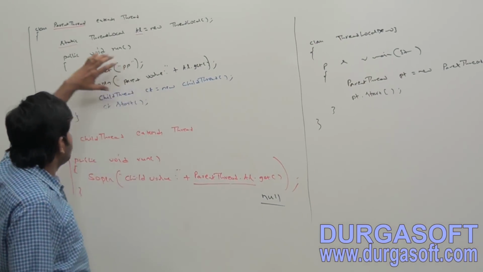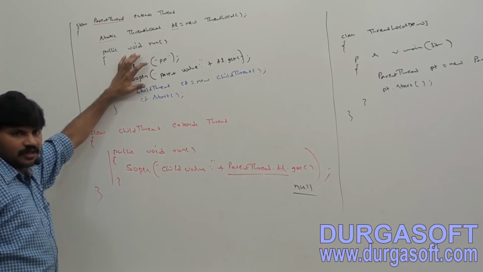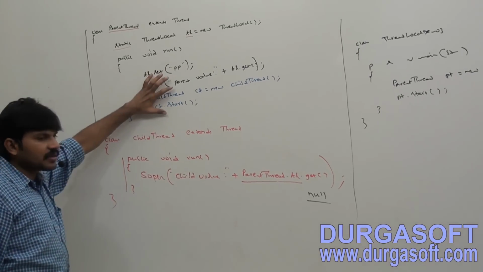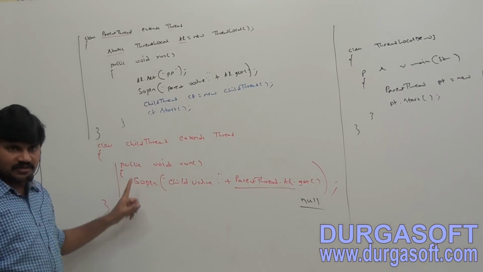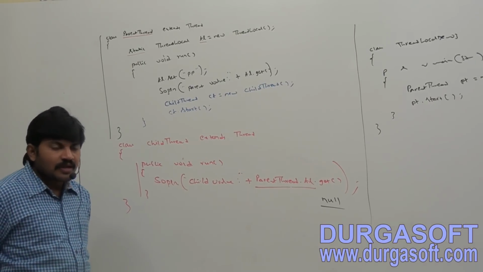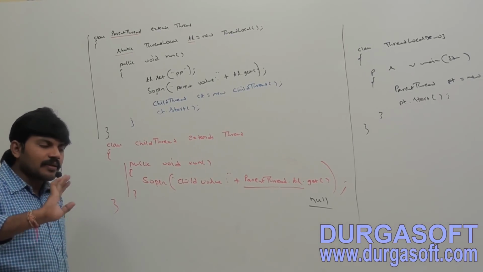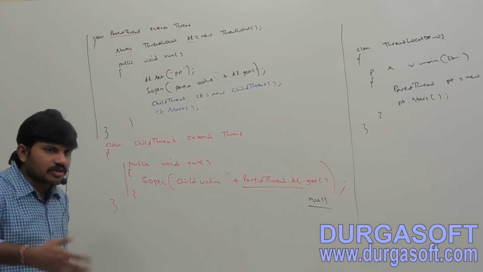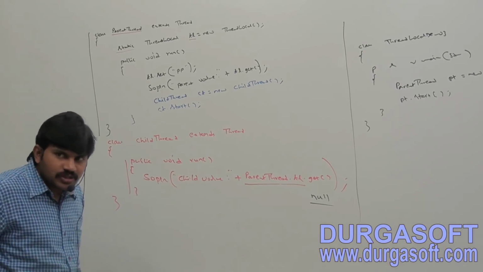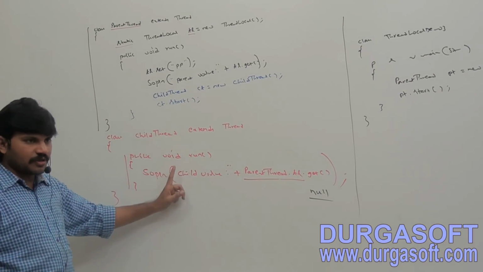Now this thread is responsible for creating and starting a child thread. That's why this thread acts as the parent thread for that thread. Are you able to get it? So how many threads are there in total? Three. The parent thread is created and started by which thread? The main thread. The child thread is started by which thread? The parent thread. Are you able to understand?